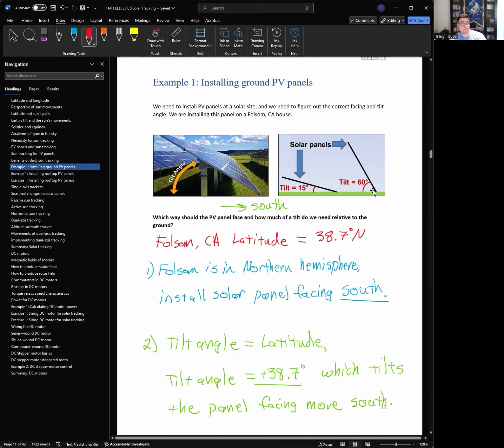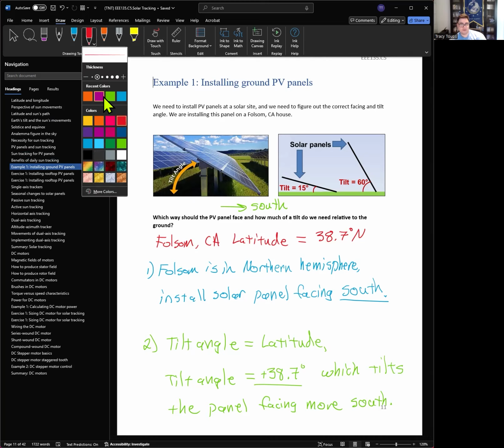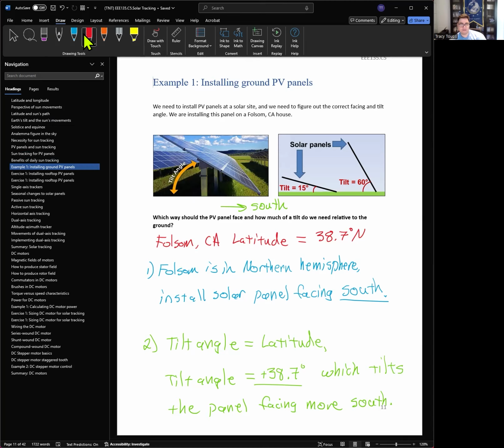That's the idea. So I could draw real quick. For example, for this 15-degree tilt, the sun should shine in this direction, at 90 degrees, if we designed it right.